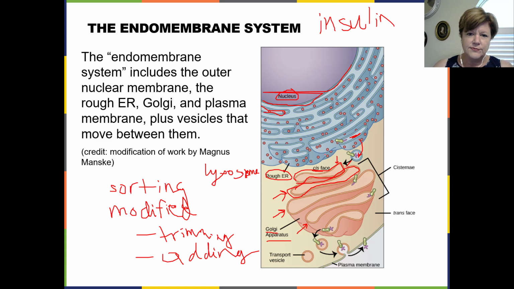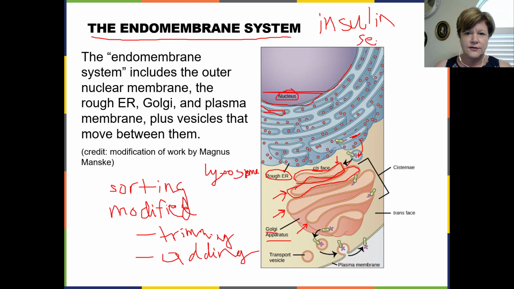All of these membranes, because they're connected directly or indirectly by vesicles, the whole group of these membranes is called the endomembrane system. The process I've described, of a product like insulin moving from the lumen of the rough ER by vesicle into the Golgi, moving into different compartments of the Golgi, and eventually being released from the cell, is called secretion.